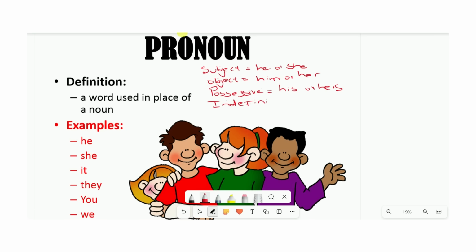Remember these are naming words, and in an indefinite, because we are not sure, we can have nobody. We can also have, for example, if you say all of you, then all becomes what? Your indefinite pronoun. And then we can also have what you call demonstratives, pronouns in a form of a demonstrative. That's where we can have such as these or those.